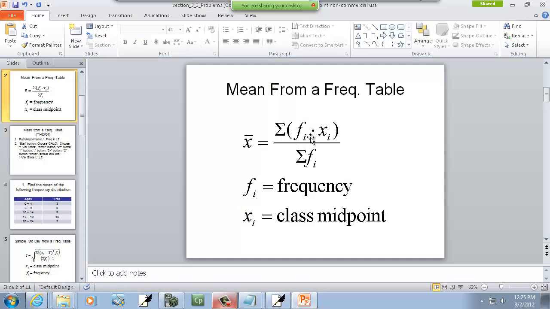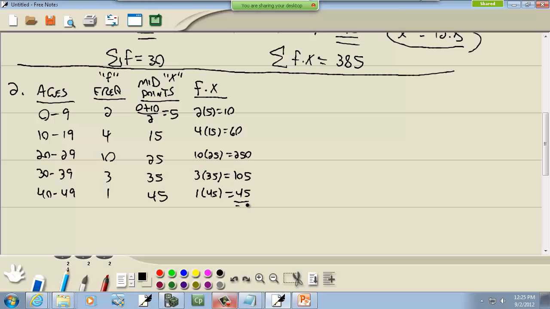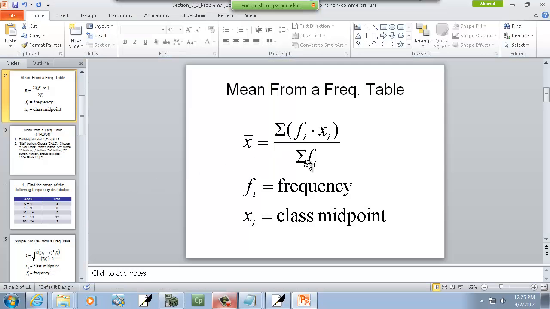Okay. The sigma in front of it says we need to add those together. So that's going to be f times x. So I got 10 plus 60 plus 250 plus 105 plus 45. That gives us 470. And from our formula, we also need to add together the f's. That's for the denominator.